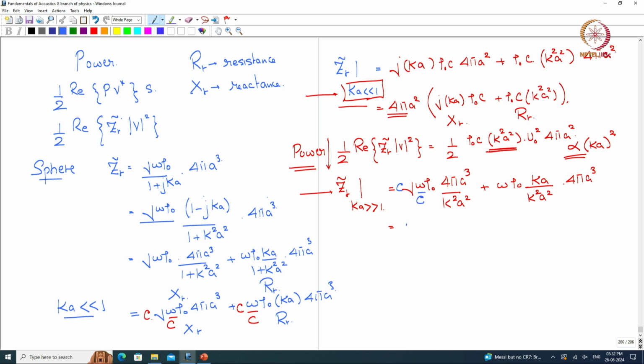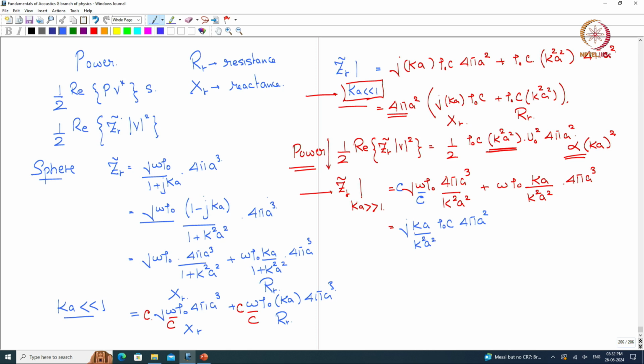So this becomes j K rho 0 c, and I will bring in one a here, rho 0 c, take out one a here, divide by K square a square.